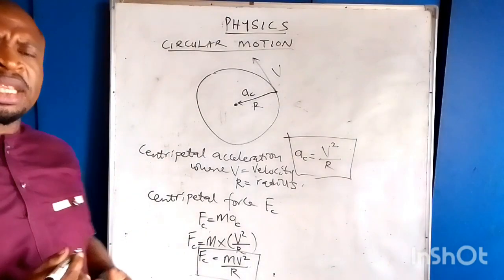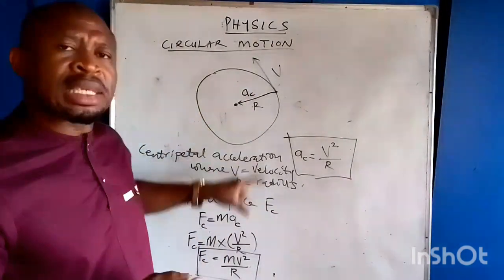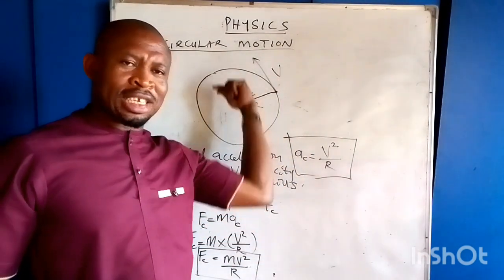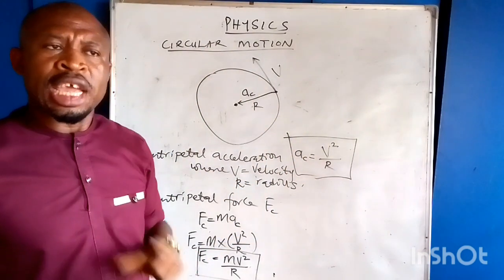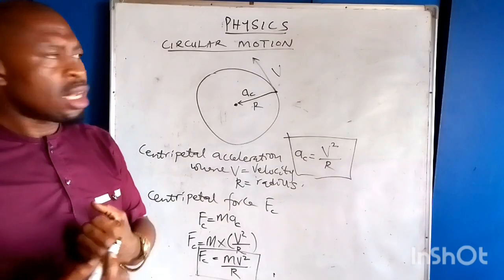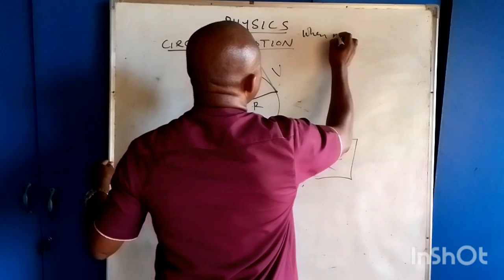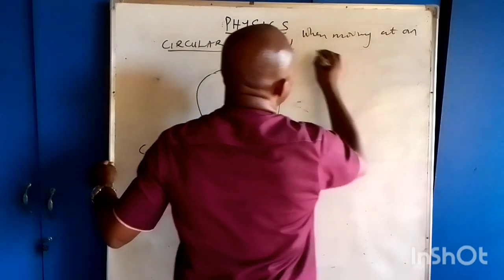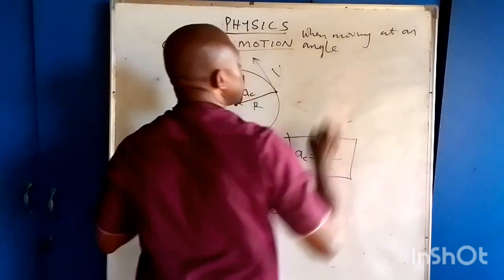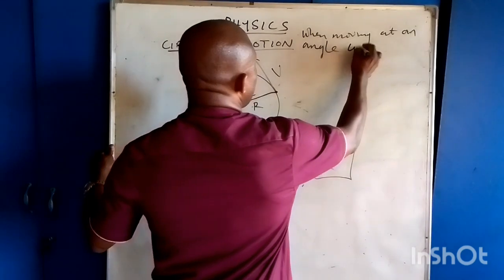I want us to consider another situation where a body is moving at an angle. When it is moving at an angle, it has its angular speed as omega.